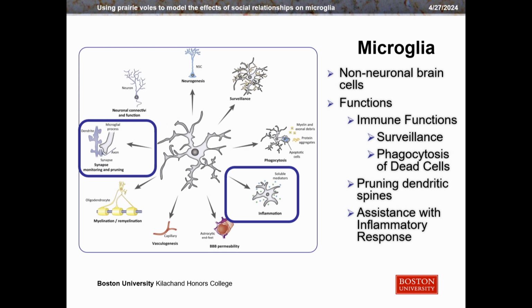When we talk about monitoring and pruning, we talk about cells that have the ability to change the number of connections between neurons, and change the strength of connections between neurons. That's a phenomenon we refer to as plasticity, and that's how learning and memory occurs in the brain. So these microglial cells play a really critical role in learning and memory. Additionally, they play a really important role in the inflammatory response of the brain.